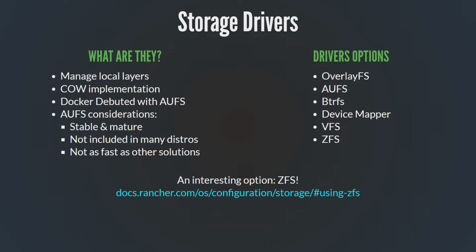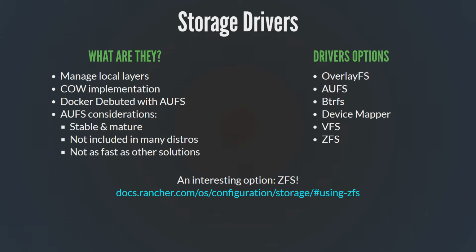While it's stable and mature, it's not included in very many distros, and Red Hat had an issue with that in particular because their policy is to only use things that come in the kernel, and AUFS was not a kernel compiled module, and it's not necessarily as fast as some of the other solutions. Some solutions are through other driver options.